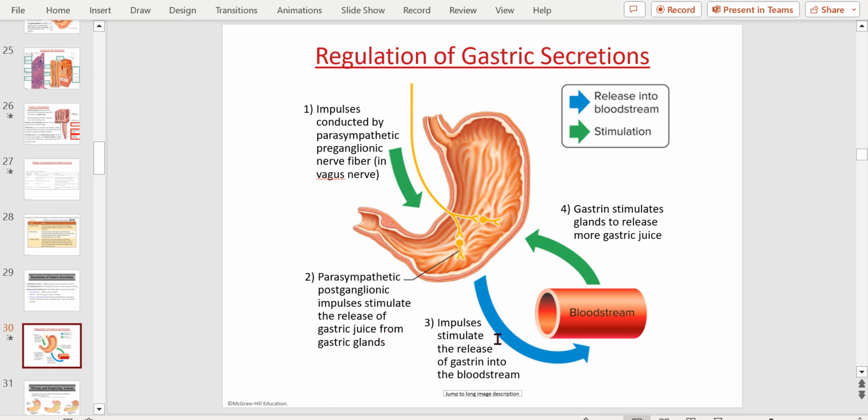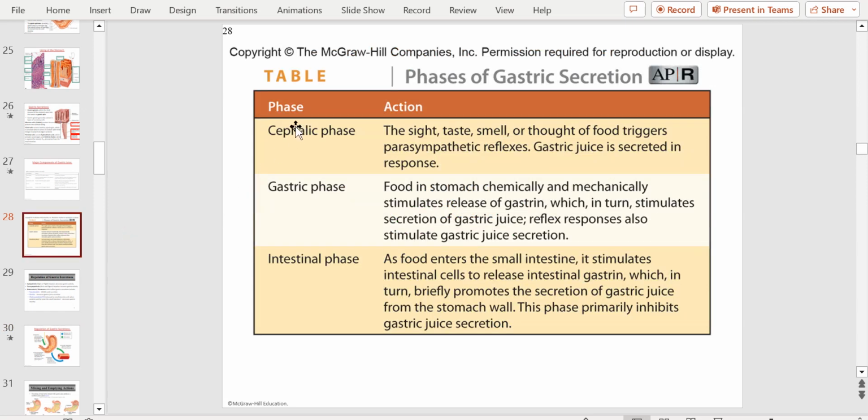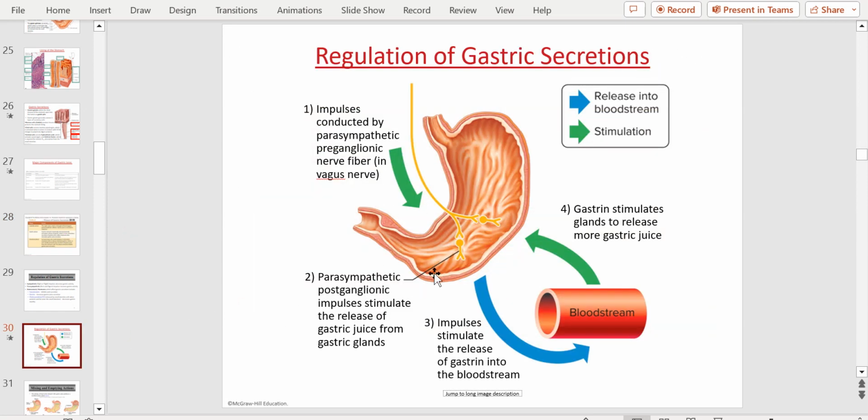Now, number 3, an impulse stimulates the release of gastrin into the bloodstream, which in turn stimulates the glands to release more gastric juice. So this is the whole idea, and if you want to relate it to the cephalic, gastric, and intestinal phases, this is the regulation and secretion of these gastric juices.